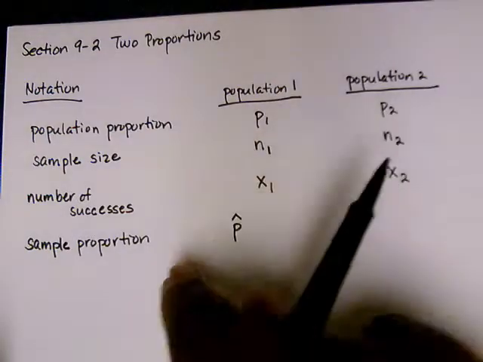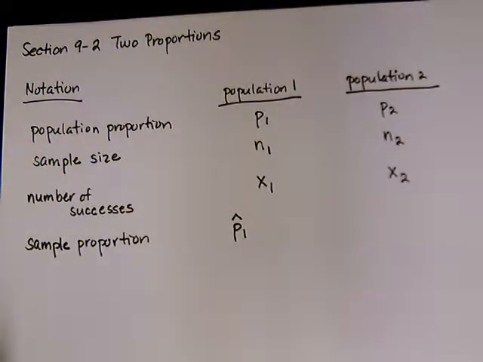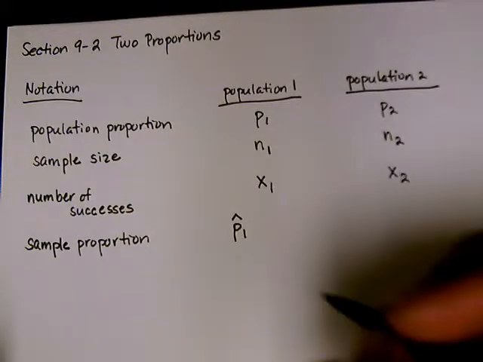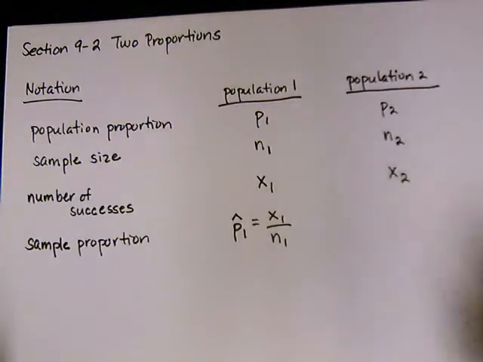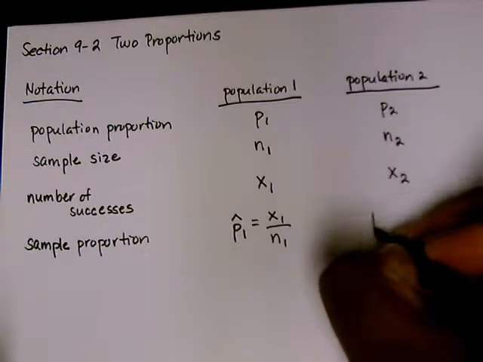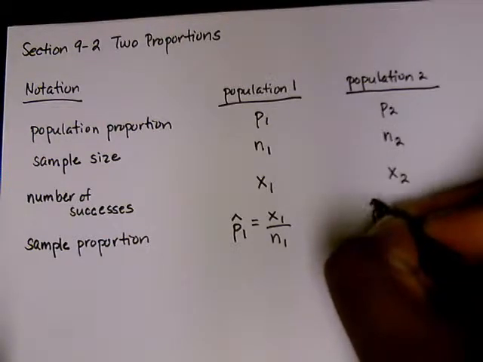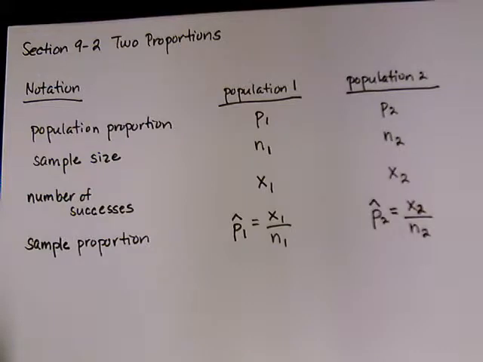So for the sample proportion from the first population, that will be p sub 1 hat, or p hat sub 1. And that's going to be equal to x1 divided by n1. And then for the second population, your sample proportion will be represented by p sub 2 hat, which will be equivalent to x2 divided by n2.